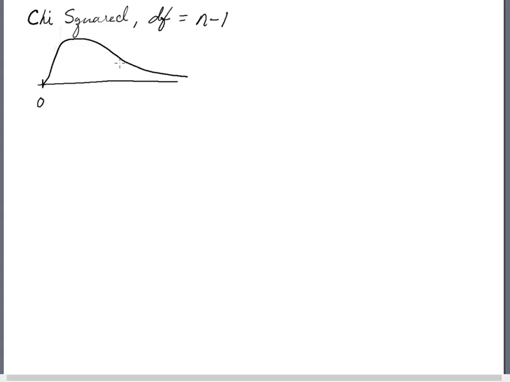As the degrees of freedom get bigger and bigger, this hump migrates toward the right, and the distribution is a bit less skewed. We've got a long tail that points to the right, and so the terminology is that this distribution is skewed right. Let me label this with chi-square, and right now, let's just say df to remind ourselves that the particular chi-square we're talking about is controlled or named by the number of degrees of freedom.